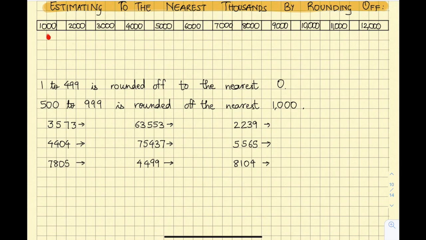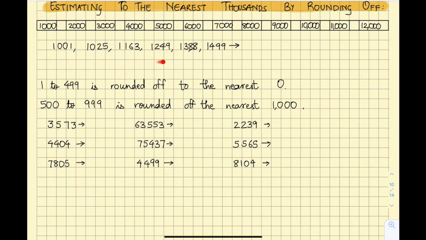If I take this range, 1000 to 2000, any number like 1001, 1025, 1163, 1249, 1386 or 1499, these all are closer to 1000.